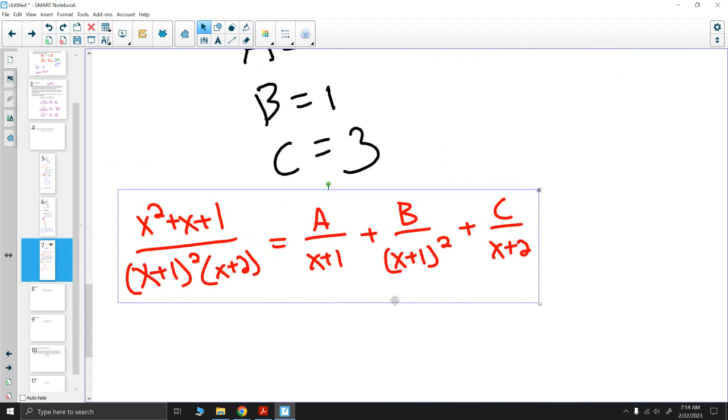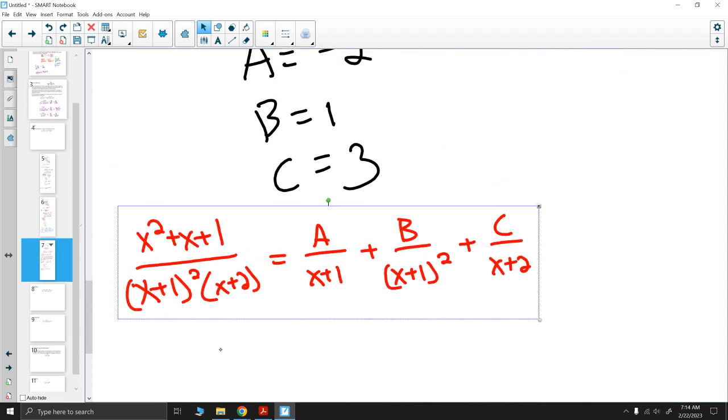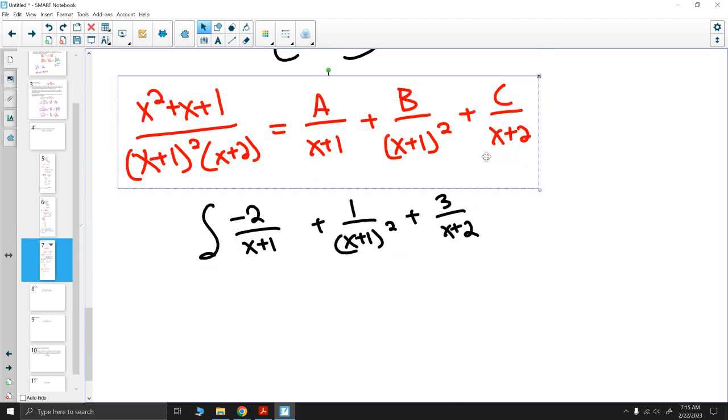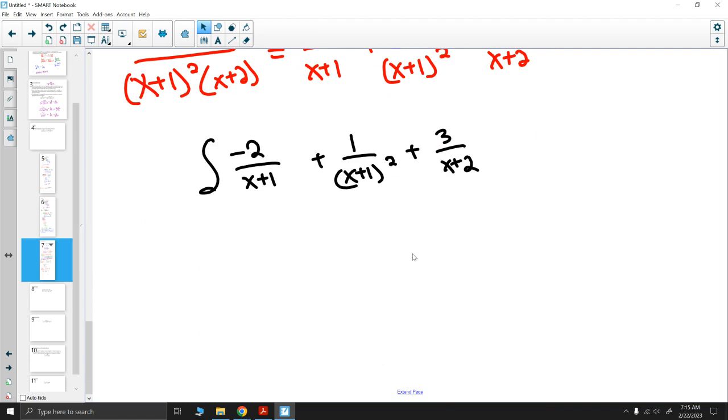Our reference. Okay, so that means we are going to be integrating A, -2, over x plus 1, plus B, 1, over x plus 1 squared, plus C, which is 3 over x plus 2. All right, so we're going to be integrating this thing here.